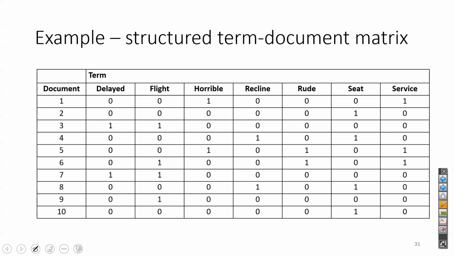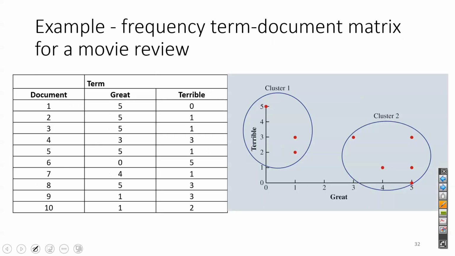For example, this one is a binary table, so I can probably use hierarchical clustering analysis, with either the Jaccard coefficient or the matching coefficient. Essentially, I will be able to put different comments into groups.